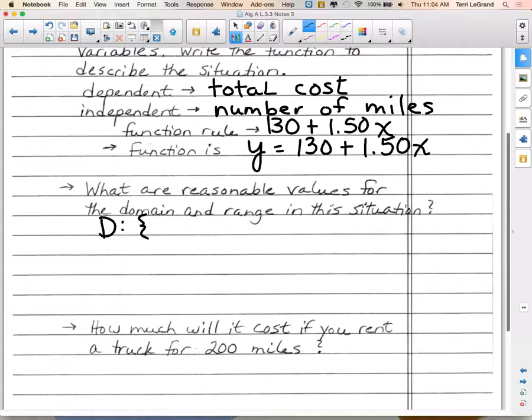Think on the other end of the number line. Can you have negative miles? Can you say to the truck company, well, you know what, if I go south, or I went west, that means I was going in the negative direction, so I went a negative number of miles?